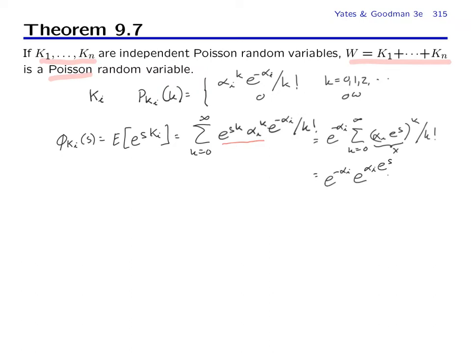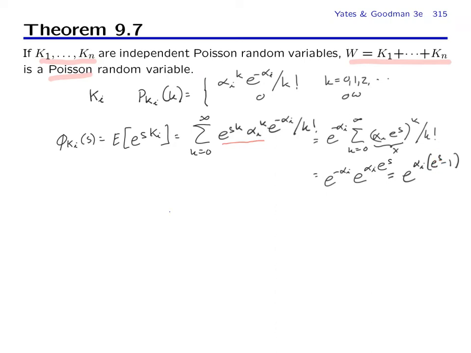Now combining the exponentials, we get e to the alpha i times e to the s minus 1. And this is the usual way we write it. And it's a funny looking expression because in fact it's a double exponential. This e is raised to the power of this function, and this function includes another e to the s in it.